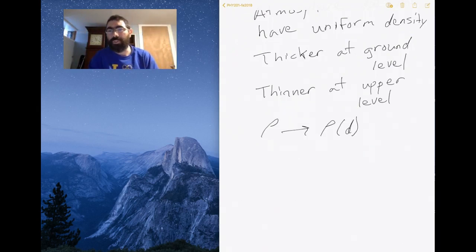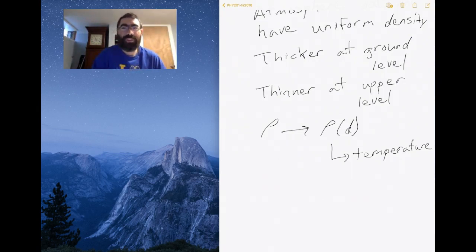And that distance dependence depends on things like temperature and the interaction of the atmosphere.